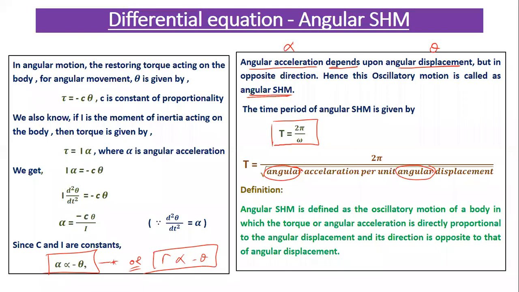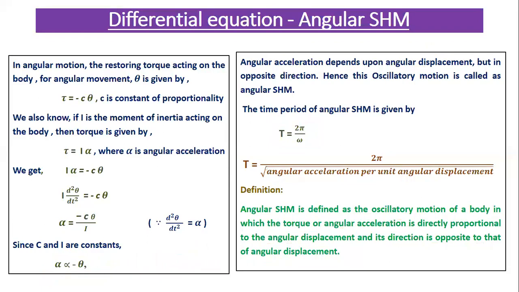So it is defined as the oscillatory motion of a body in which torque or angular acceleration, that means tau or alpha, is directly proportional to angular displacement, and the direction is opposite to that of angular displacement. So the direction is opposite, that's why the negative sign comes. A question may be asked: define angular SHM. You have to write this definition.